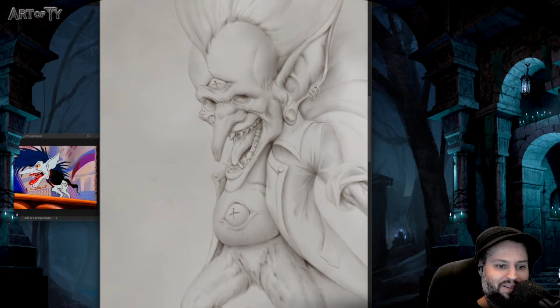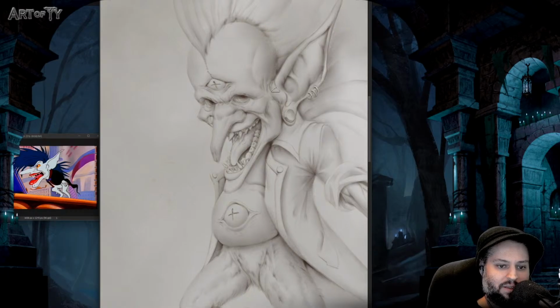In an effort to try and get those lower half tones, I'm gonna creep in a little more than I would normally feel comfortable doing, but I think it's gonna help us later.